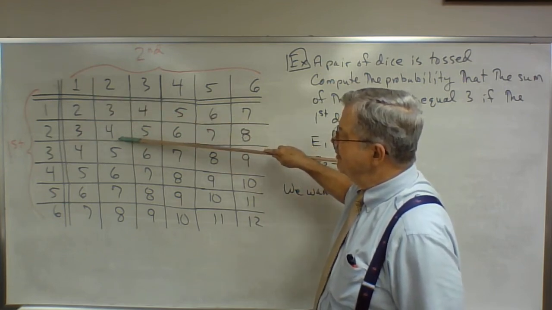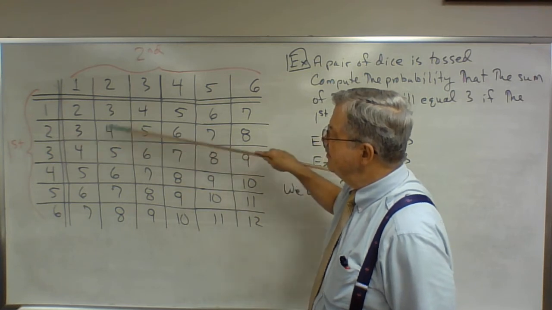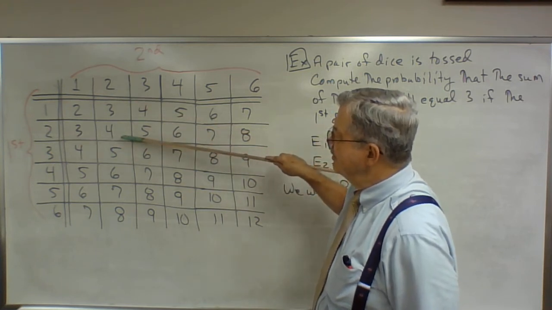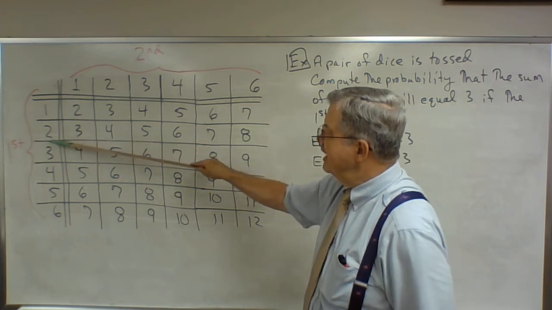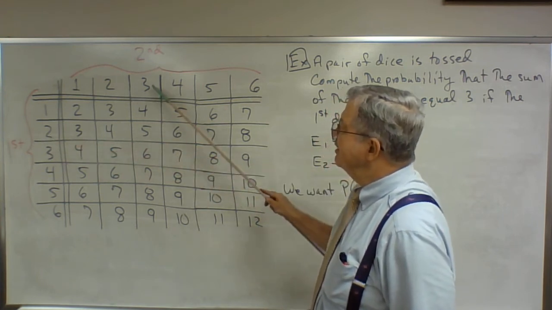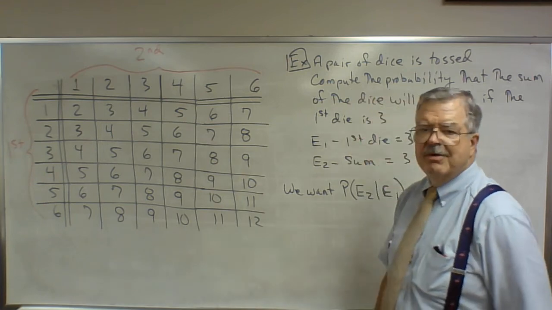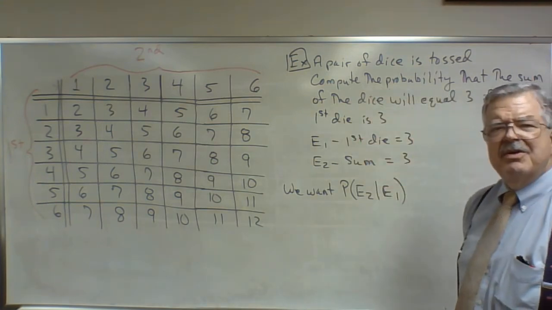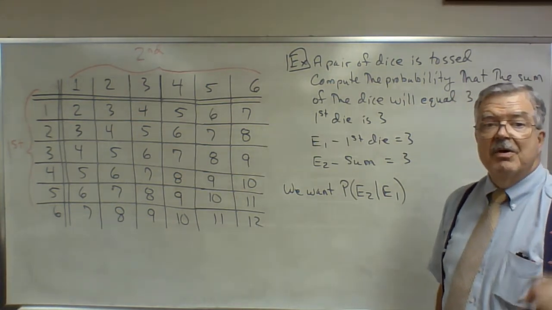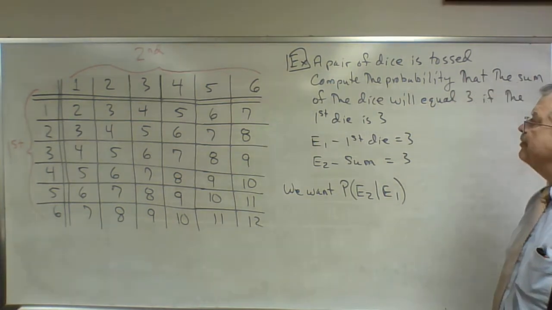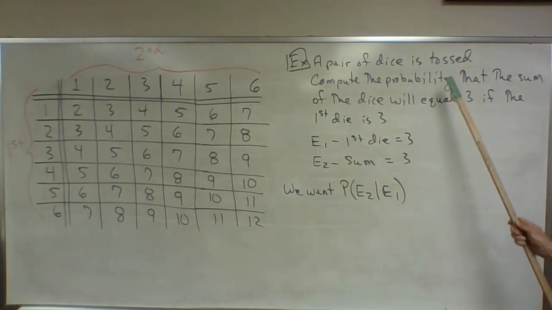This represents first die equal 2, second die equal 2. This represents first die equal 2, second die equal 3, and so forth. Let's use the formula that we just were introduced to do this exercise.